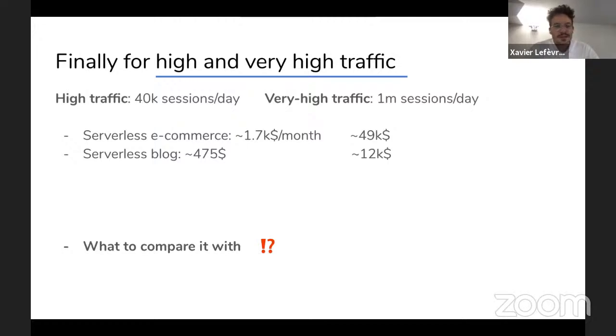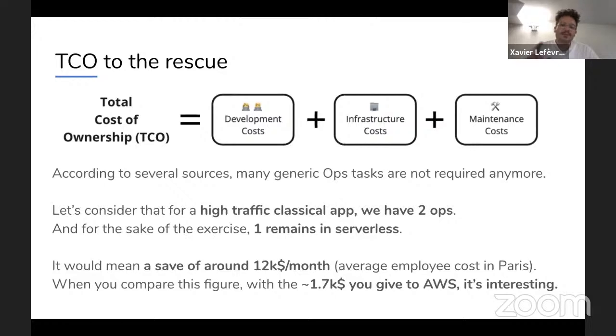Those companies that have those systems, when they're not with serverless, they have many components, have microservices, have different types of software running behind, and teams as well. There is a lot of things happening. So how do you compare it? How do you know that this is worth it, and I should invest in serverless as a big company? So here we come back to the TCO, the total cost of ownership.